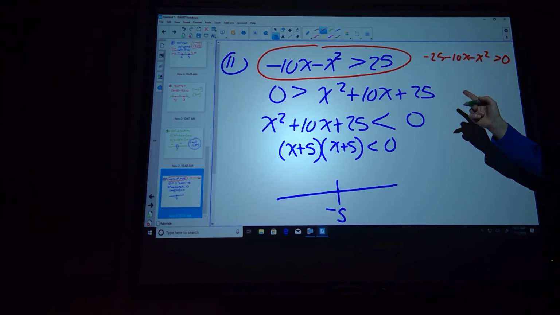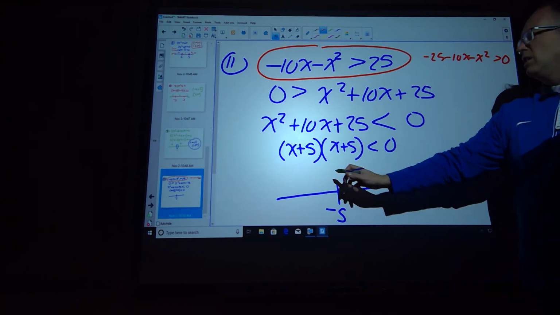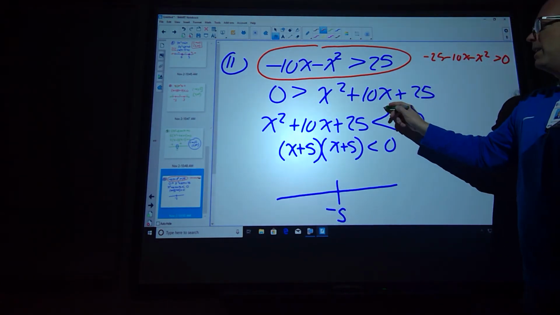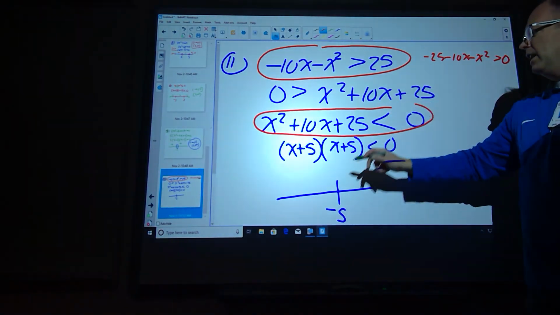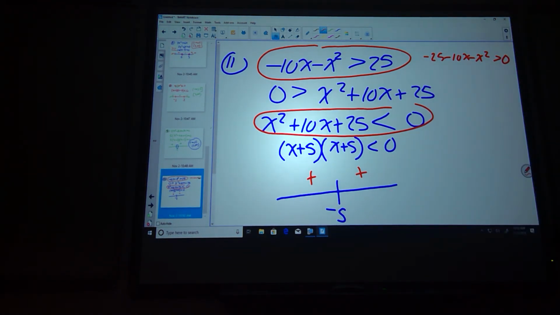It's upside down. Even though this one's right side up, I don't have values less. So if I base my sign line off of this, I can say that's positive and positive, which says I want values that are less than 0. So I have no solution here.